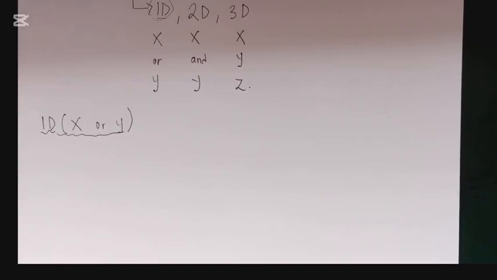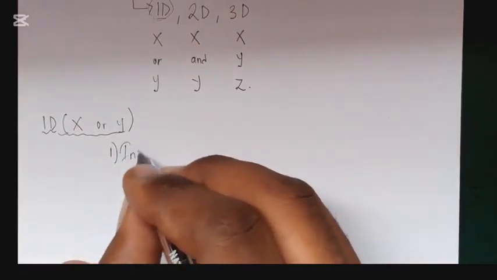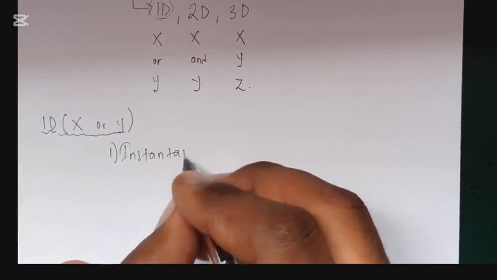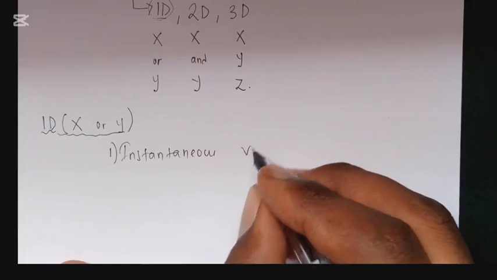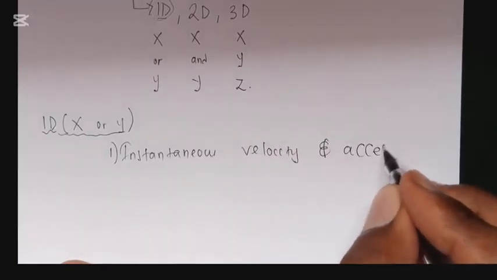Whenever something is moving in the x-axis, from our grade 12 physics, we should know a number of definitions, such as the definition for distance, displacement, velocity, and all that. But here, my main focus, I want us to pay particular attention to the definition of instantaneous velocity and acceleration.